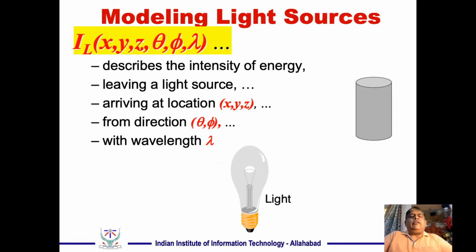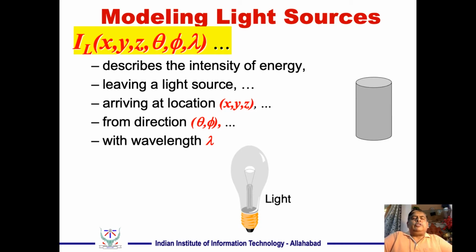So, to generate or construct a model, let us assume an intensity pattern in 3 dimensions. Assume the point which we are using to compute the illumination is at a location XYZ. So I_L depends on the location of the point, which is XYZ.